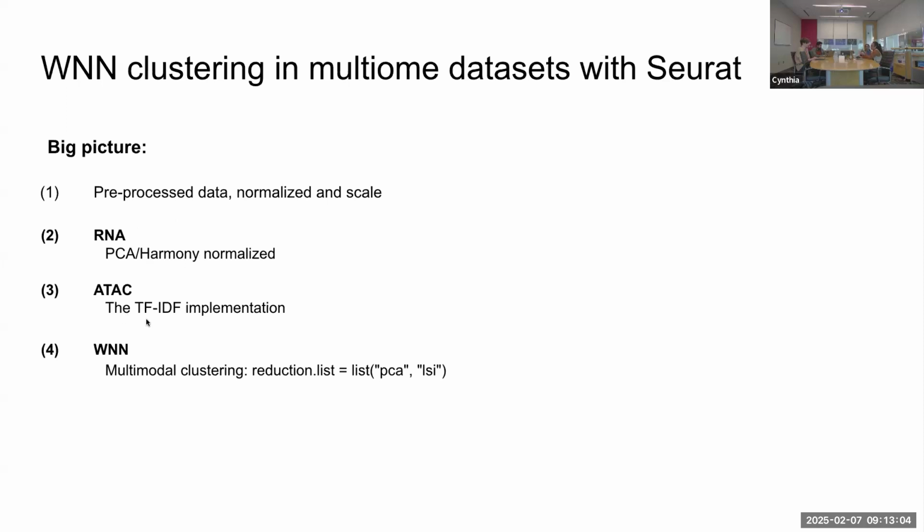For ATAC, the LSI approach is applied, which includes 2 or 3 steps that I'm going to talk about in a minute. The last step when we are making clustering with this kind of approach is to perform multimodal clustering, where we want to integrate the data from these 2 modalities. So we need the dimensionality reduction assays in order to do that.